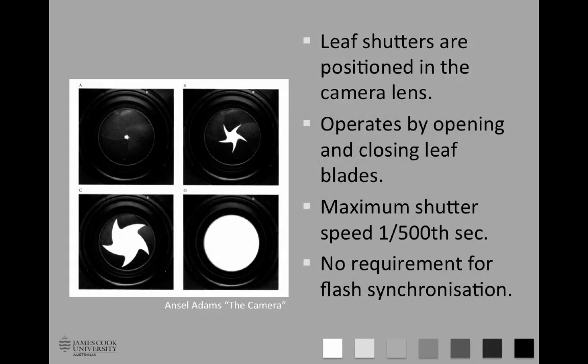Leaf shutters are another type of shutter found in cameras. They are usually positioned within the lens and work differently to focal plane shutters. Leaf shutters work by an iris diaphragm that opens and closes at the speed rate indicated by the shutter speed. For example, a 1/125th of a second shutter opens and closes at 1/125th of a second. This is true with all other shutter speeds.